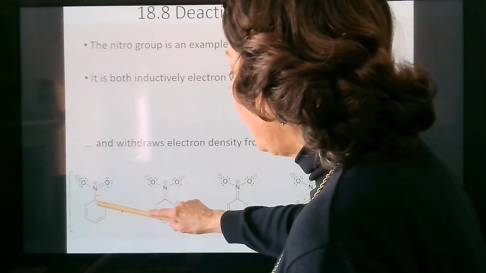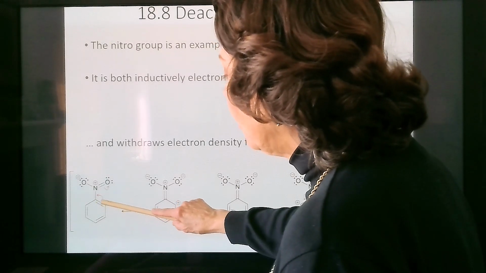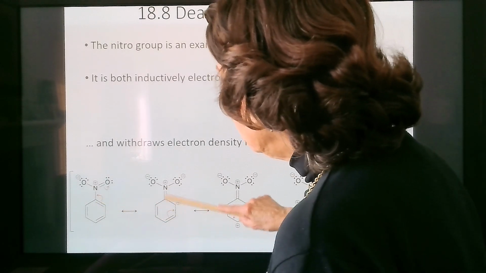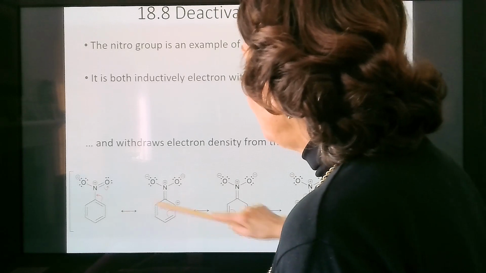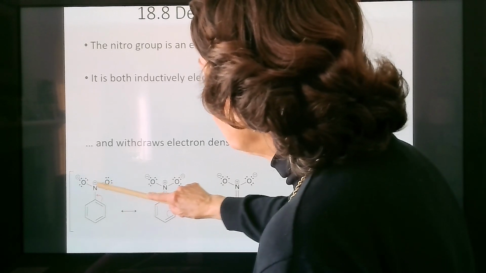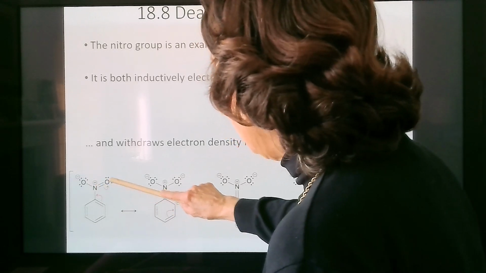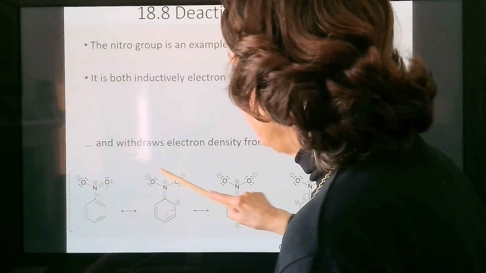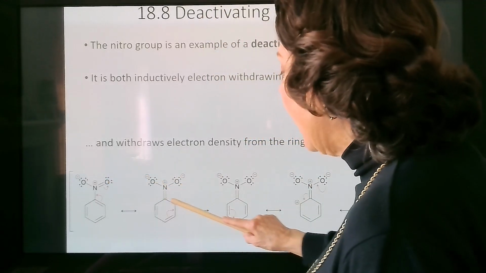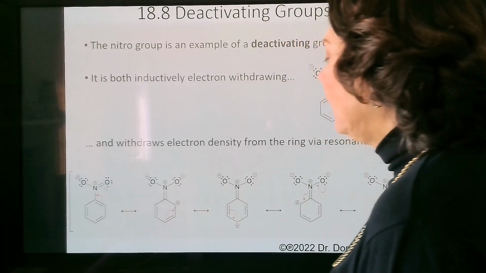by moving the pair of electrons involved in this carbon-carbon bond out here and moving a pair of electrons in the NO pi bond out so that oxygen is bearing a negative charge. And there's actually a positive charge in the ring.